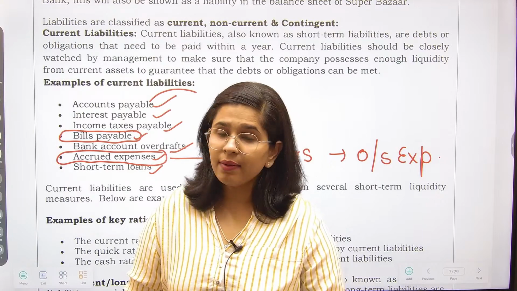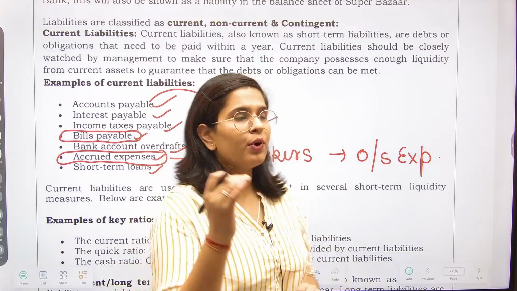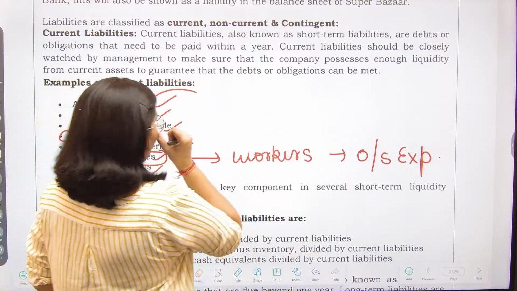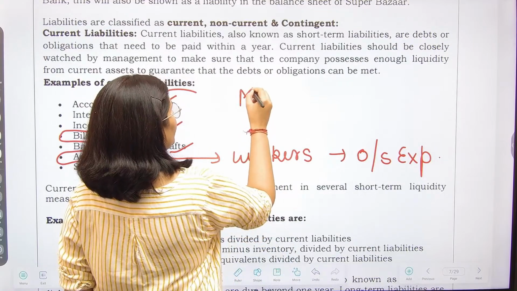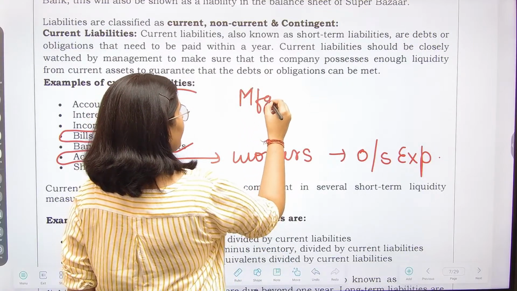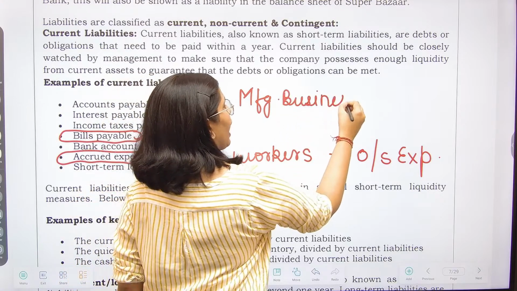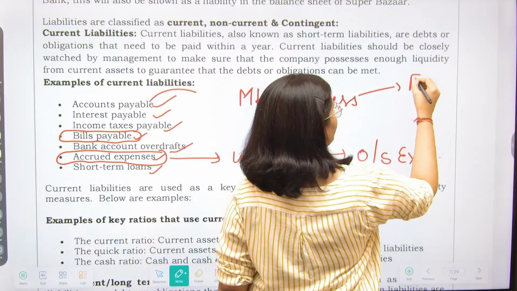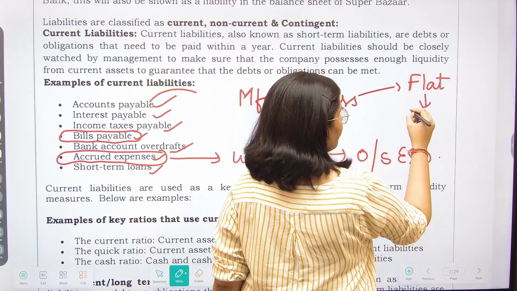Salary is an accrued income? No, salary is not an accrued income. Accrued income, for example, suppose you have a manufacturing business, right? You also have invested in a flat. In that flat, tenants are there.